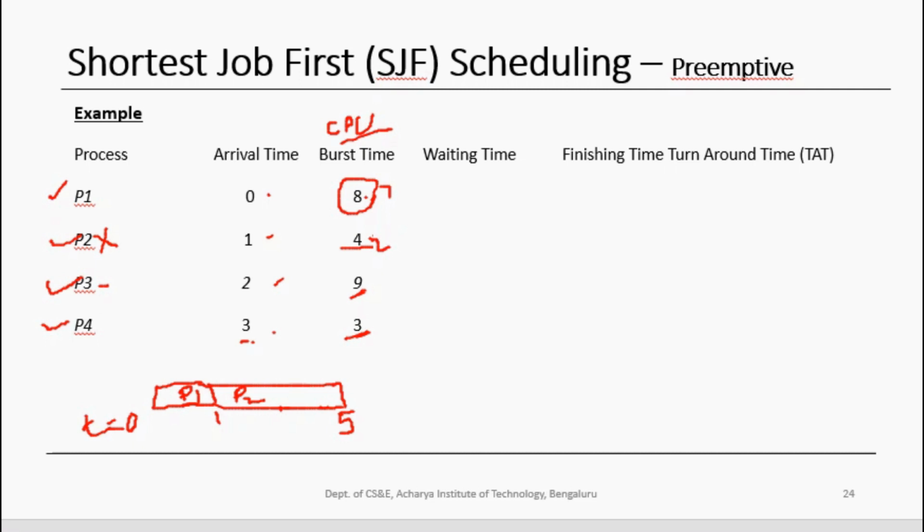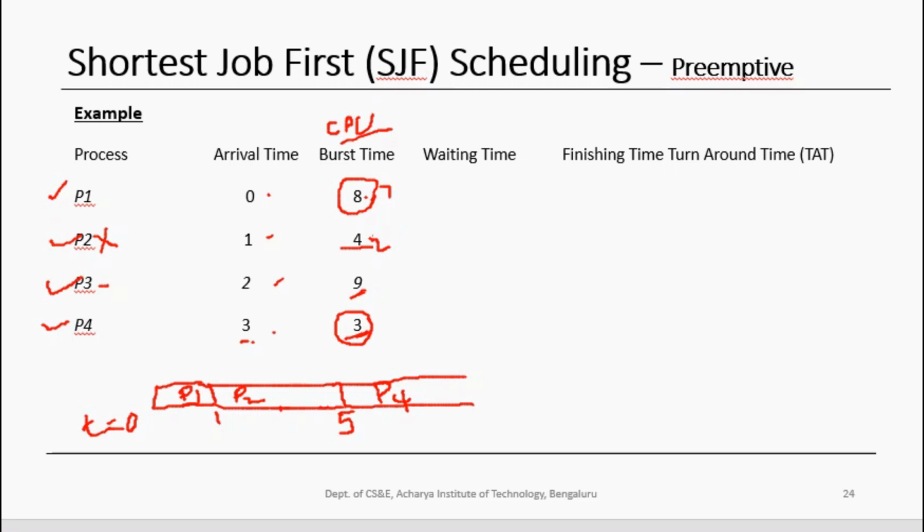So which one has to be selected? Now this P4 has got the shortest next CPU burst time, so P4 is given the CPU, and from here onwards it looks like a non-preemptive scheduling algorithm because no other process is coming in after this.